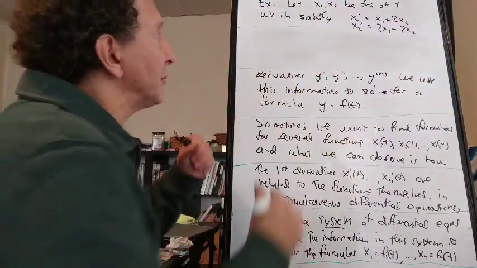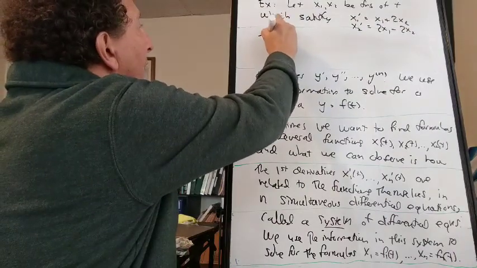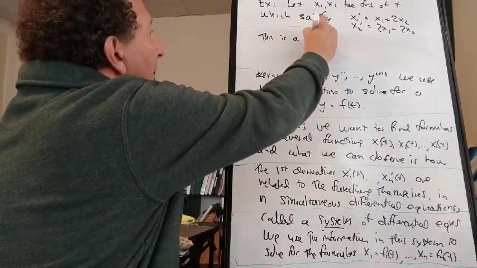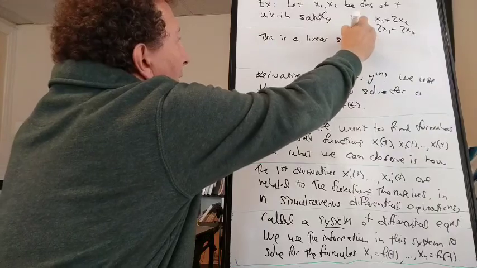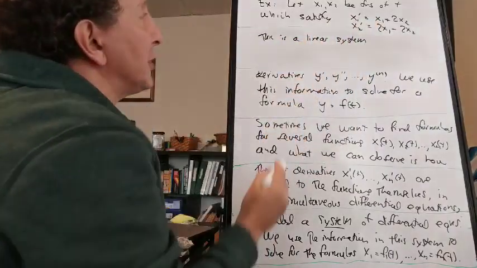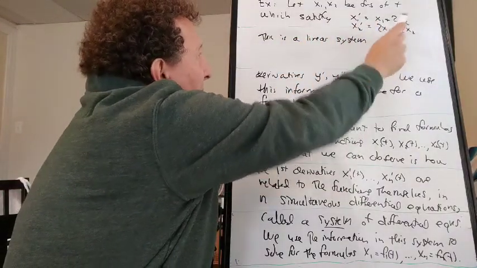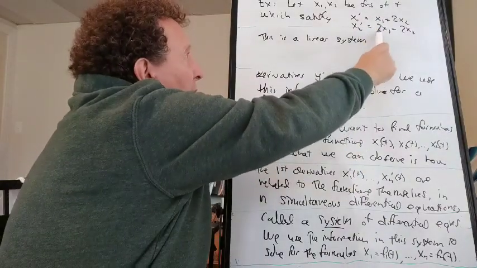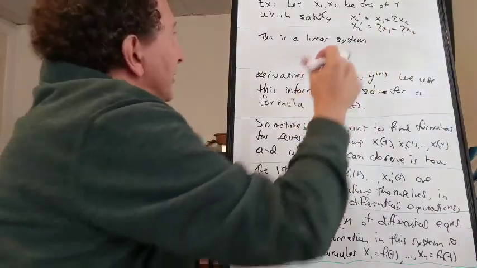So this is a linear system of differential equations. Linear because what we have is linear combinations of the functions. Multiple of one function plus multiple of another function.